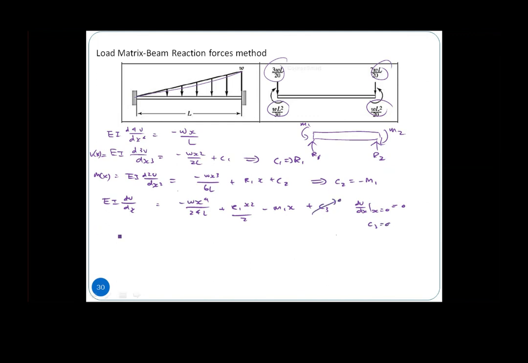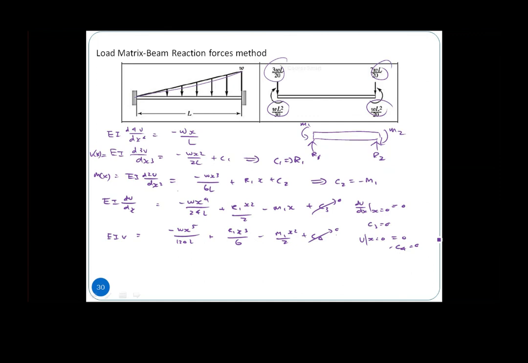Then we have our EI v equals negative Wx to the power 5 over 120L plus R1 x cubed over 6 minus M1 x squared over 2 plus C4. Again, C4 is equal to 0 because v when x equal to 0 is 0.